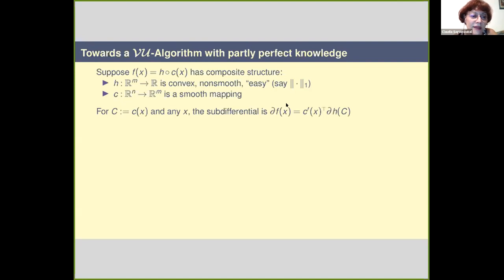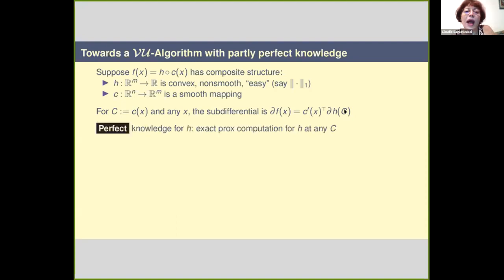This means that we have to separate the action of h and the action of the smooth mapping. So we write the vector c that is the image of the smooth mapping. Then the subdifferential of the function is the Jacobian of this vector transposed times the subdifferential of the non-smooth function at this point c, the image.